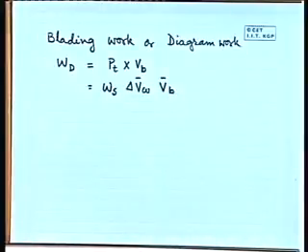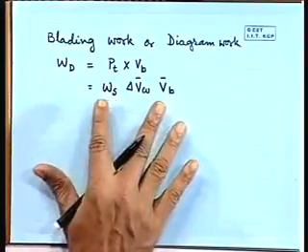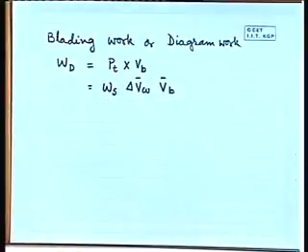So, this will be the blading work or diagram work. This is the amount of energy which is coming out as external work or as the useful work out of a turbine.